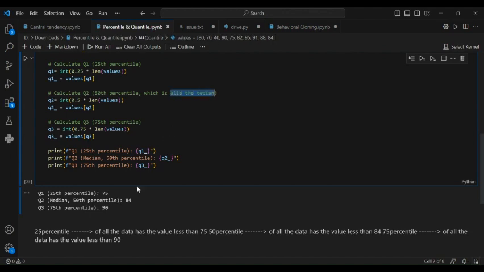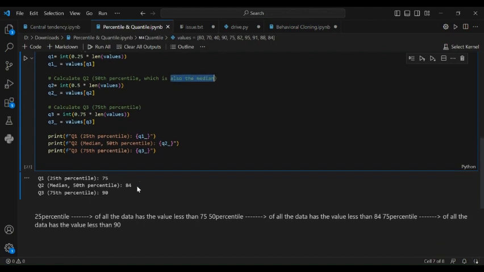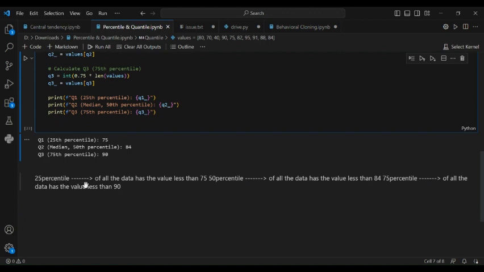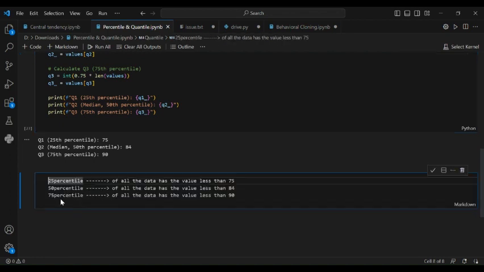Median and Q2 are the same, and the formula is also the same. So 25 percent of the data set has values less than 75, 50 percent of the data has values less than 84, and 75 percent of the data has values less than 90. This is how we find the percentile and quantile.